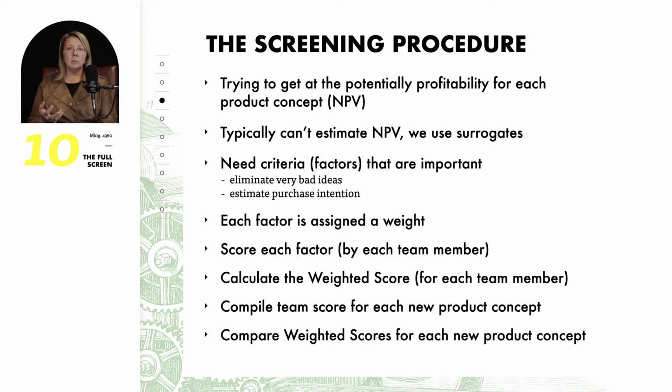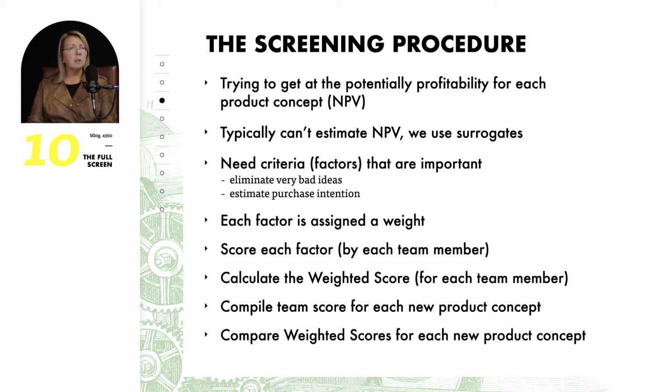At this point, each of the team members on the new products team will score these product concepts on the different criteria, and those values are aggregated in some way to give a final score for each of the new product concepts. Those scores are then compared, and the highest one is the best choice. So that's pretty much how it works.